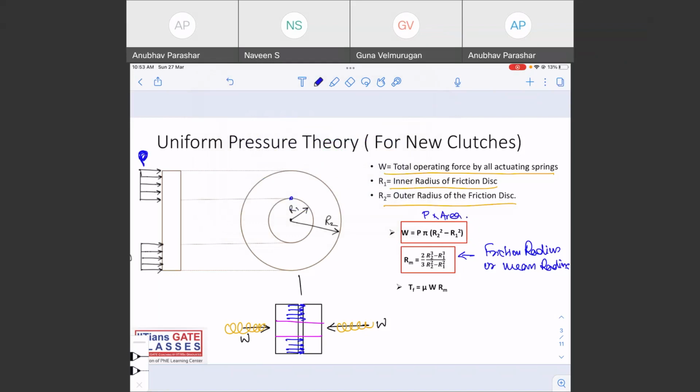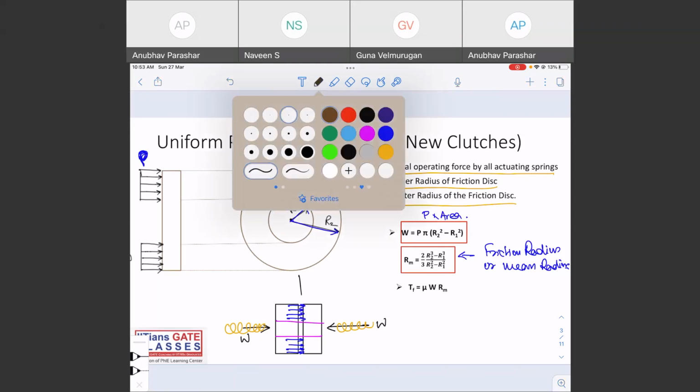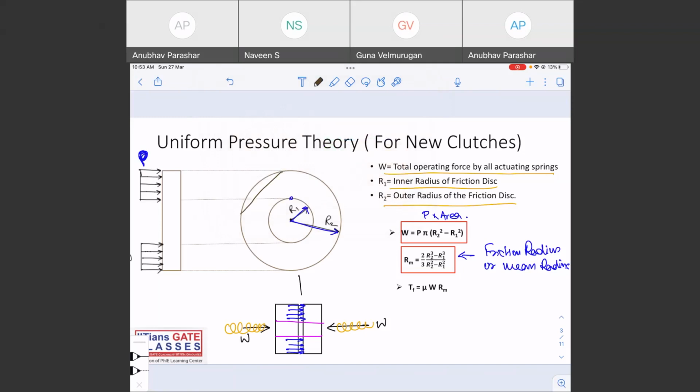Area is nothing else but pi into (R2 square minus R1 square), because this is hollow. This is the area I'm talking about.